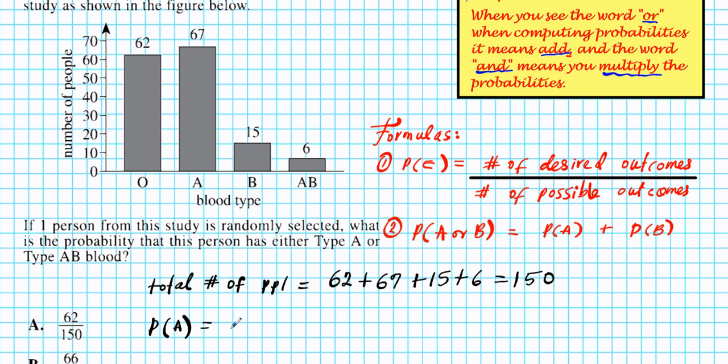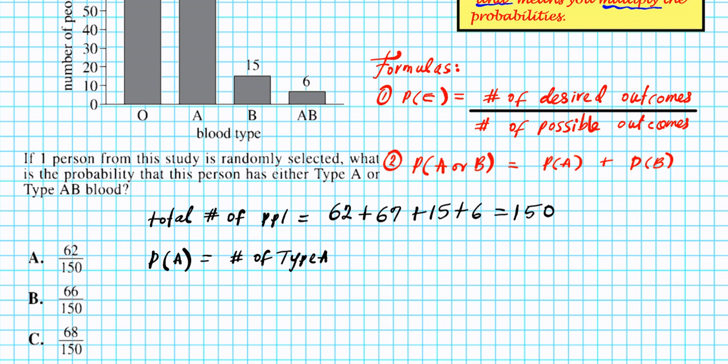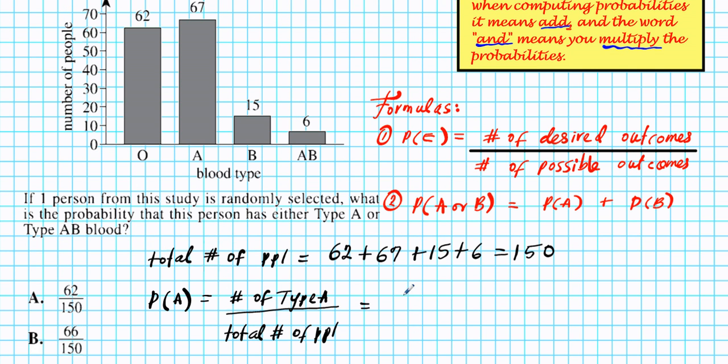The desired outcomes are the total number of people that have type A. So the number of type A will be our desired outcome, divided by the total number of people. How many people have blood type A? 67 people. So 67 divided by the total number of people, 150. This is the probability that a randomly selected person will have blood type A.